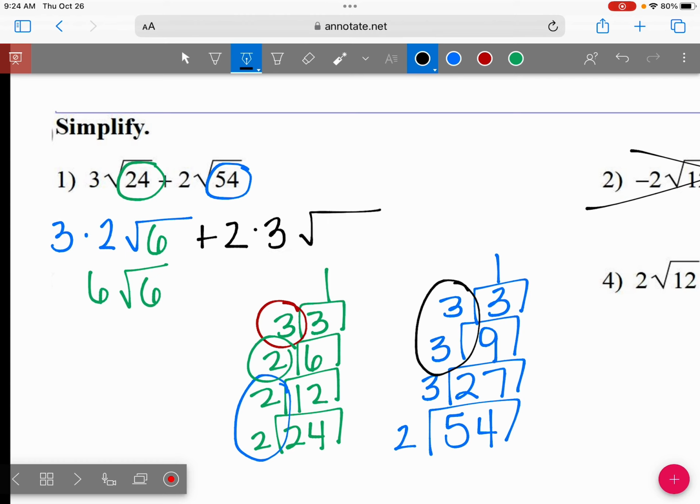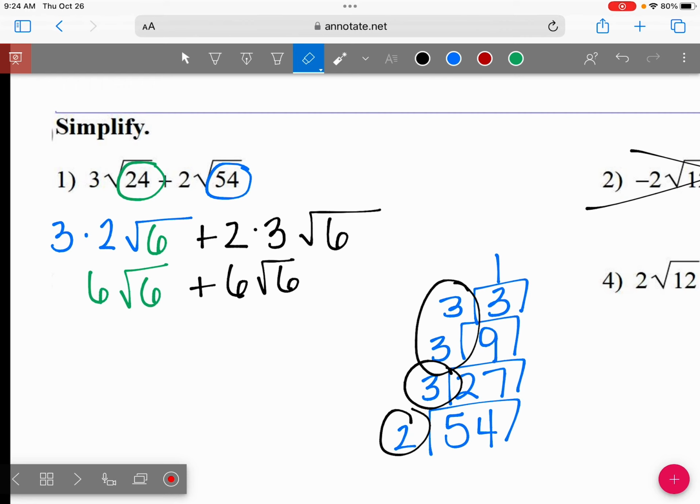And then underneath the square root is a 3 times 2, which is a 6. So that's also 6 root 6. So when I add them together, I'm adding the 6's in front, and my final answer would be 12 square root of 6.